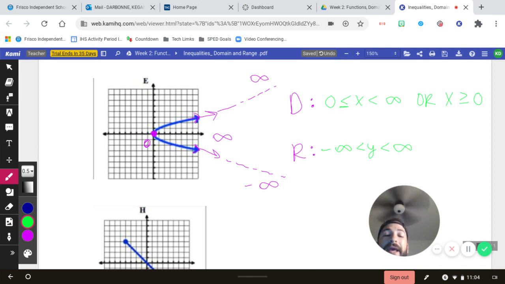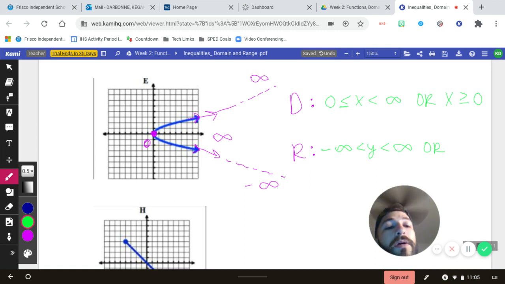Now, once again, we do have another way that we can describe this range. If I'm going all the way from negative infinity to positive infinity, that's every number in the existence of numbers. So another way that I can state this is by saying all real numbers.